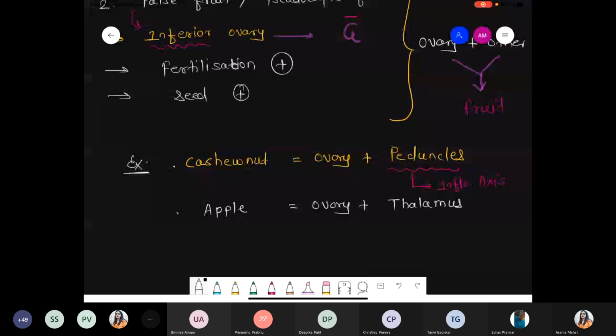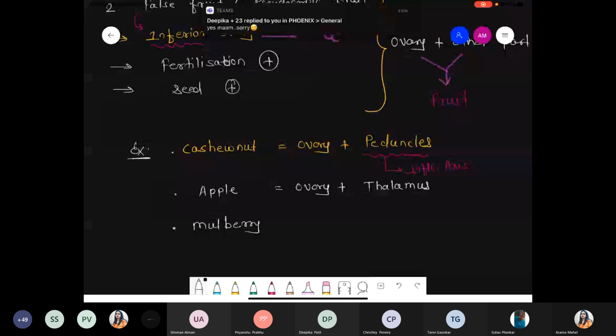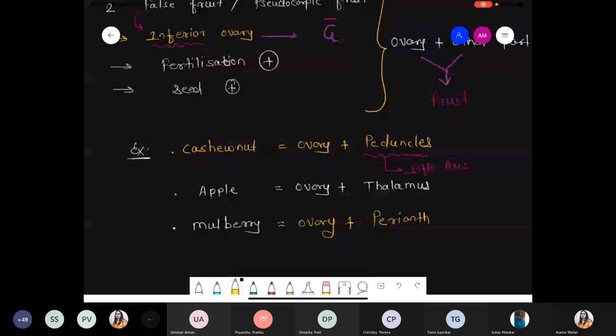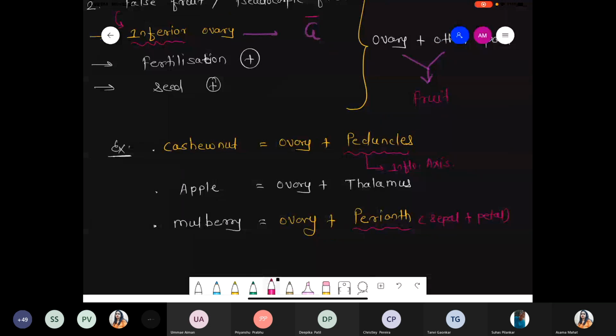And same for the mulberry. In the case of the mulberry also, the same condition: the ovary will be present. Obviously there is an inferior ovary, but along with the inferior ovary there is also a perianth structure. And you know very well perianth is nothing but sepal plus petal, both morphologically similar, which is a characteristic feature in the Liliaceae family.